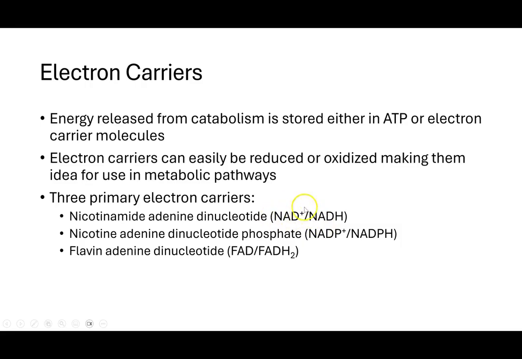So NAD plus, once you add that negatively charged hydrogen ion to it, now it has a net 0 charge. So that's where that NADH is coming from, and we lose that charge. You'll see that repeatedly in a lot of these electron carrier molecules. This last one that I'll get to in a moment is a little bit different.